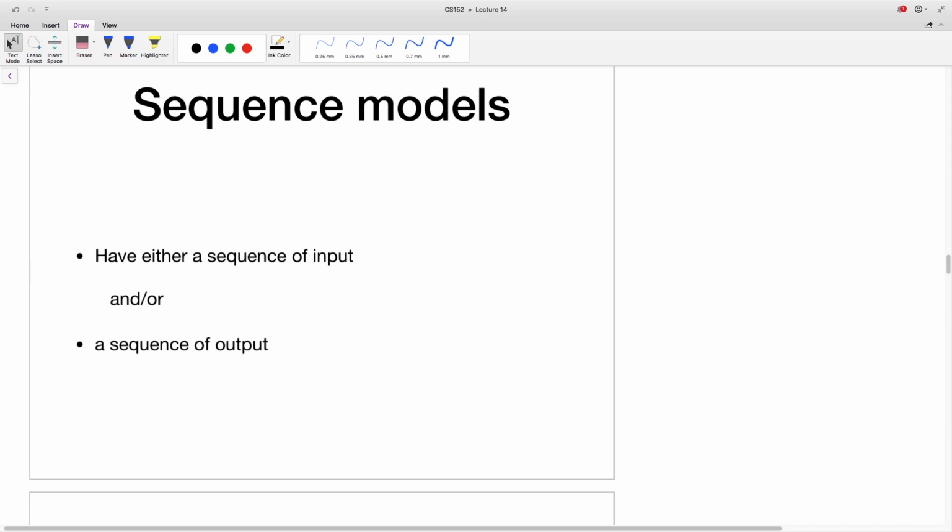We would lose the spatial information that's present. But there are a lot of examples of problems that have a non-fixed input size or a non-fixed output size.